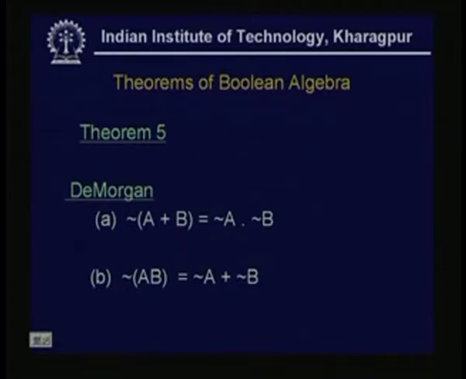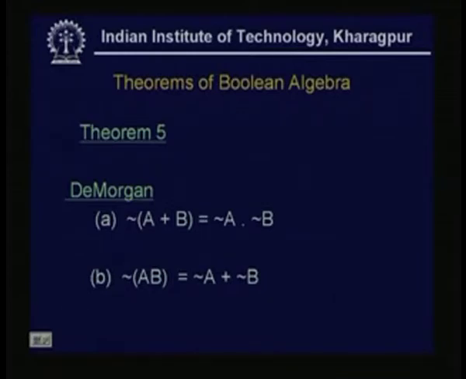Theorem 5 we already discussed in the last class, but again if we summarize, this is nothing but De Morgan's law. So, De Morgan's law says that if plus is replaced by dot, then the Boolean variable will be replaced by the complement or negation of that.